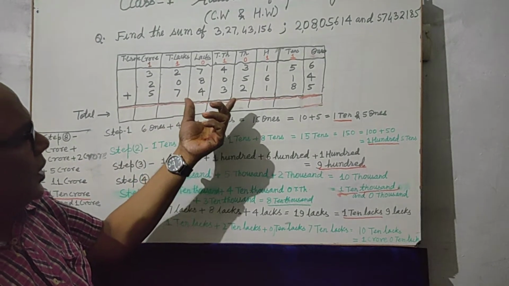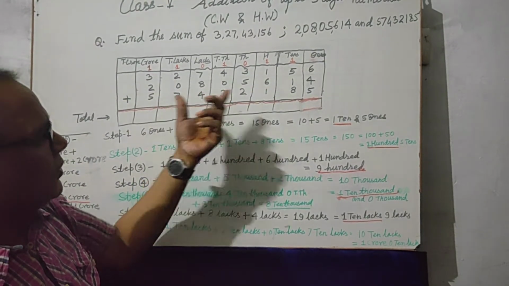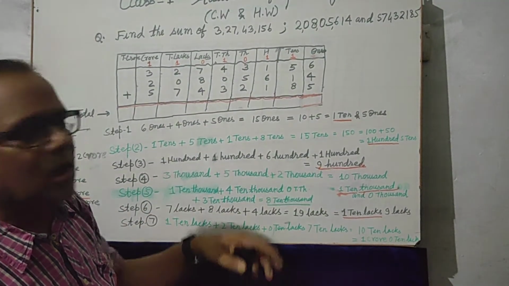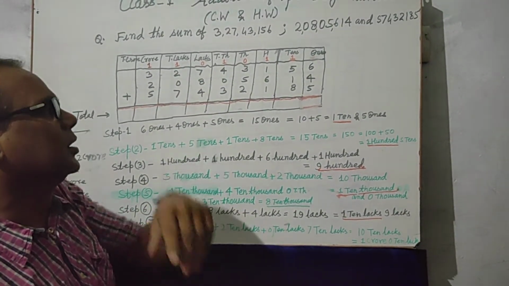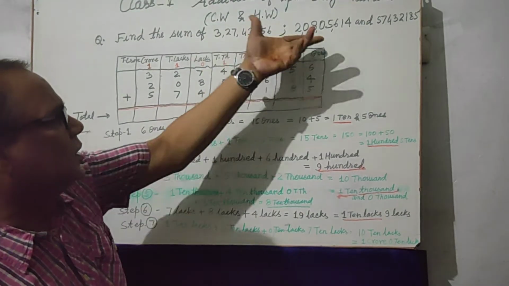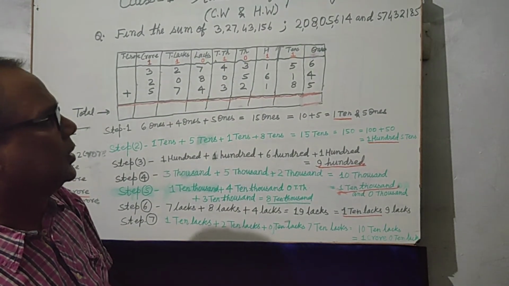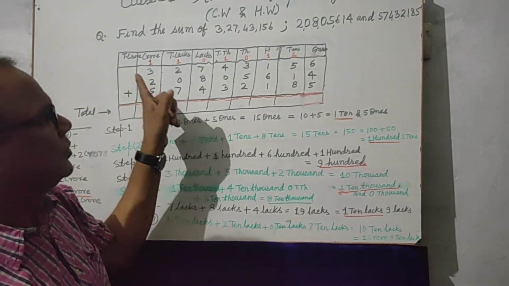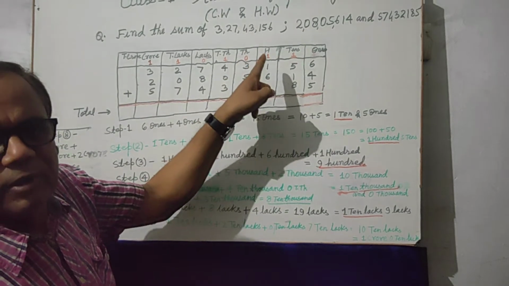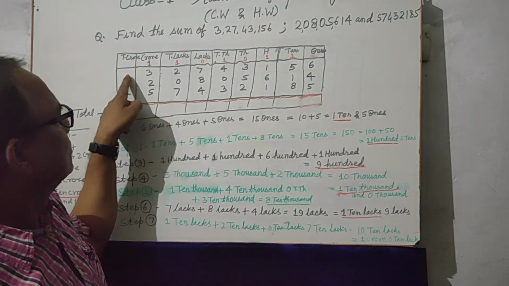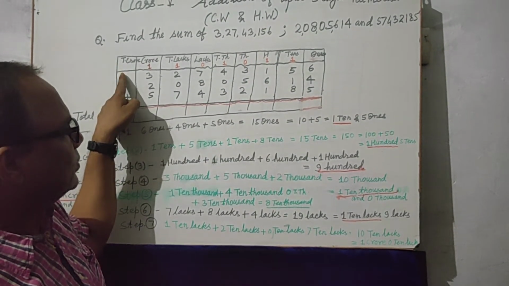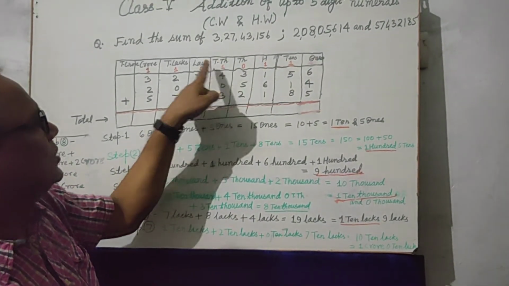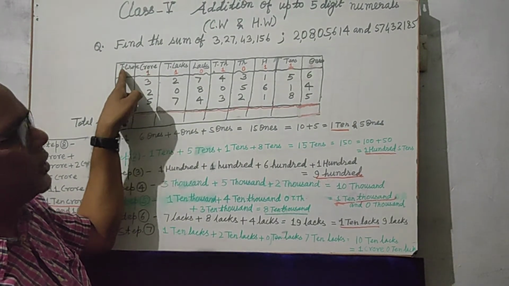Here I have prepared a chart already for you, so you can understand better. See here, these are 8 digit numbers, and I constructed a table with the help of place value in 9 columns. We start from ones, tens, hundreds, thousands, ten thousands, lakhs, ten lakhs, crore, ten crore.